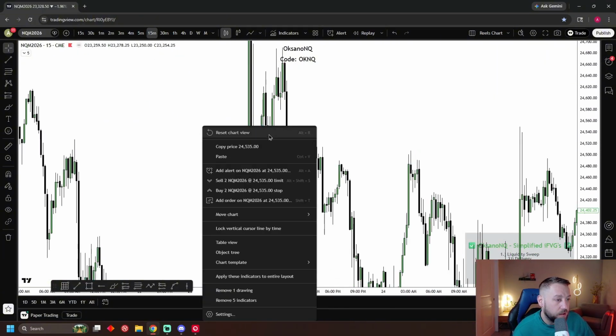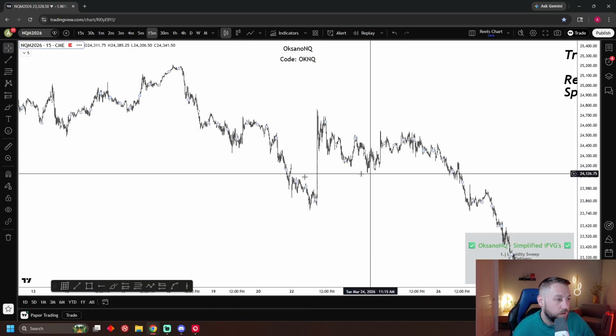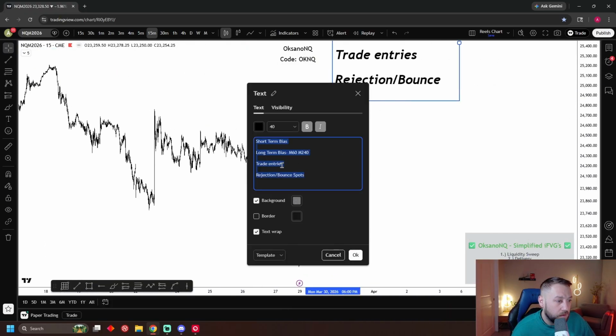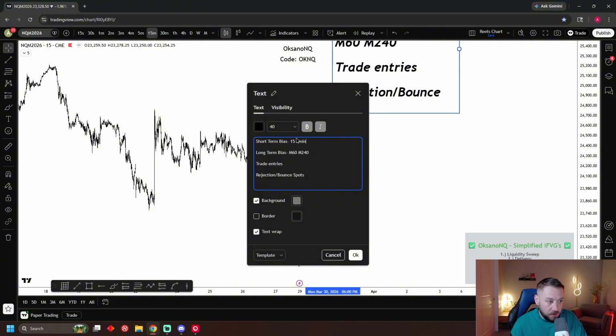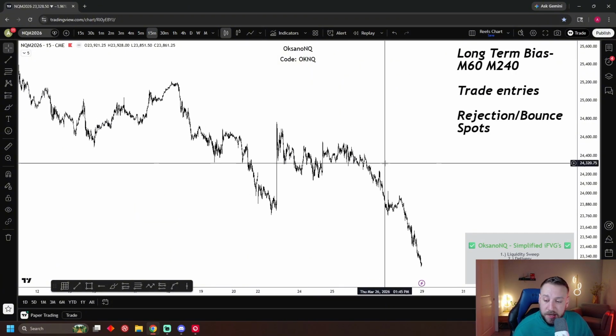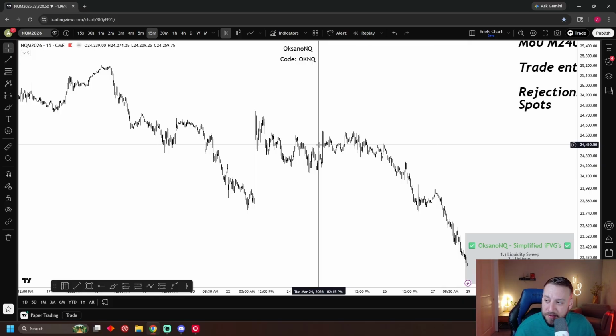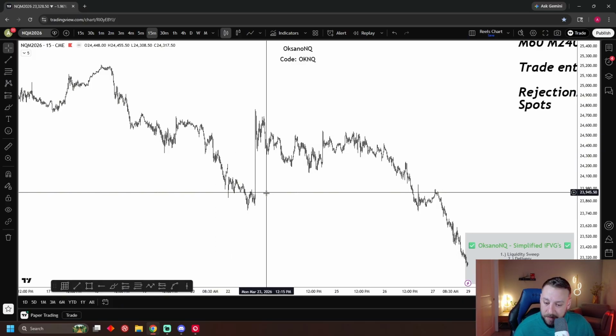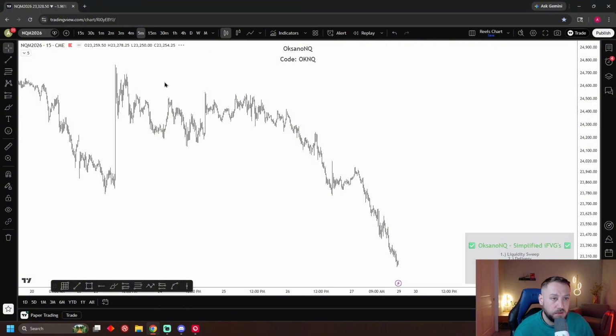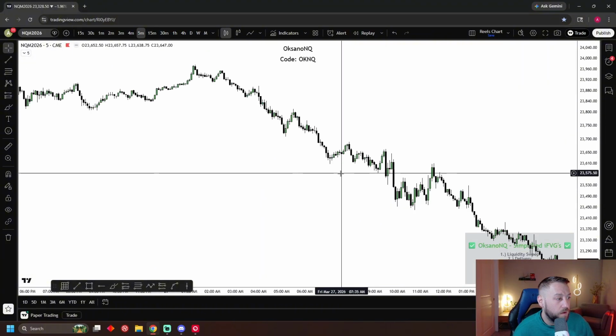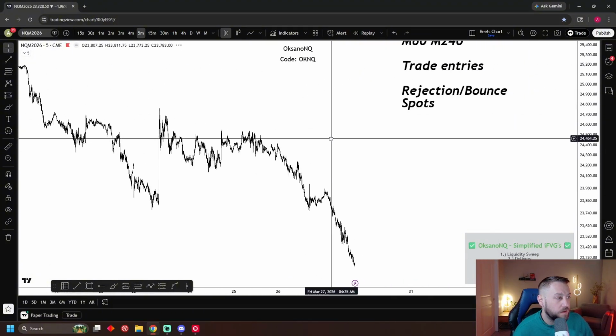15-minute, 30-minute chart. Where's my short-term bias? 15 min, 30 min. Okay. Now, trade entries. Trade entries, I will barely ever enter on anything above the 5-minute time frame. So for trade entries, let's write that down right now, since we're going to go through it.